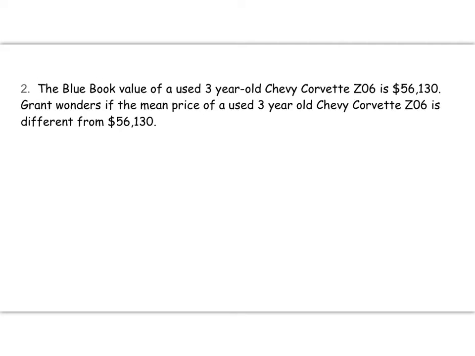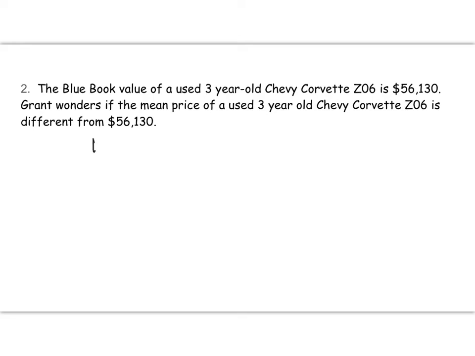Our next example. The Blue Book value of a used 3-year-old Chevy Corvette Z06 is $56,130. Grant wonders if the mean price of a 3-year-old Chevy Corvette Z06 is different from $56,130.